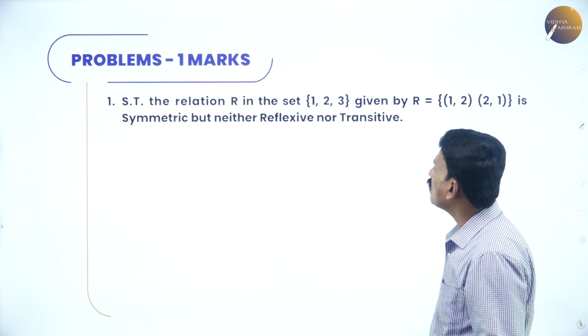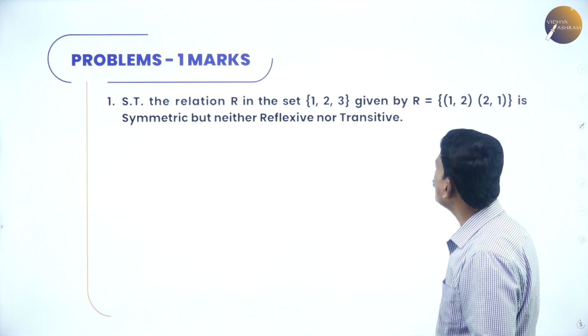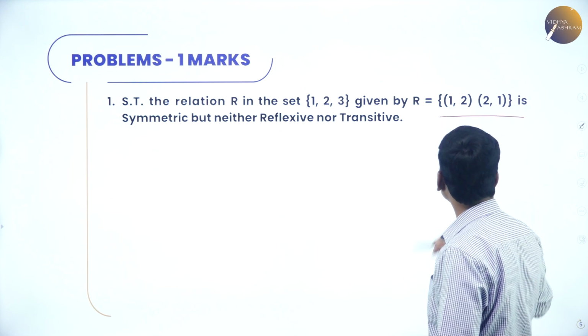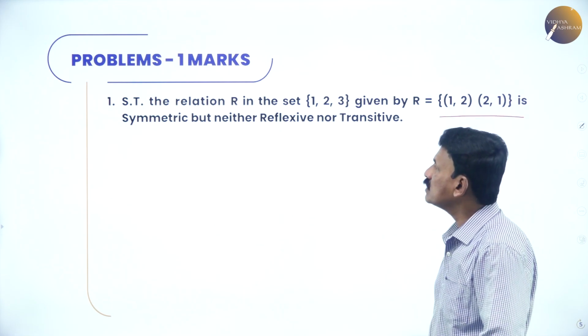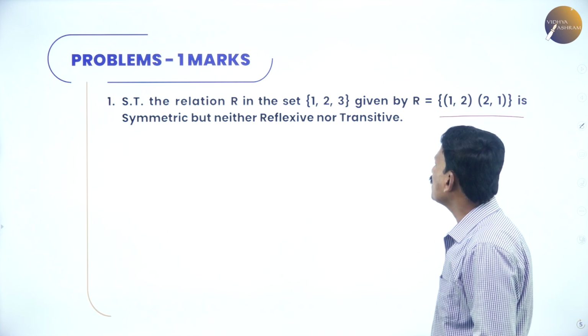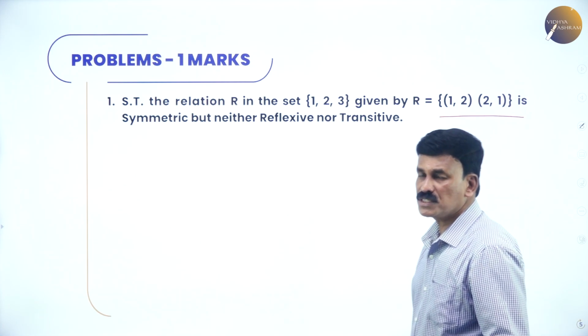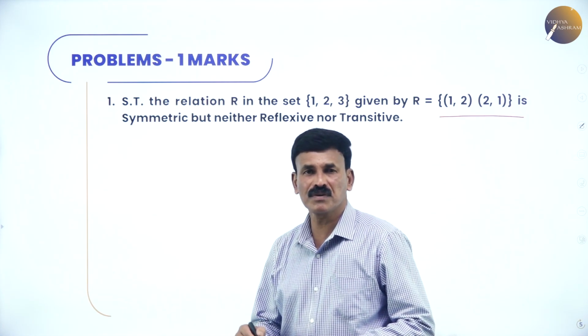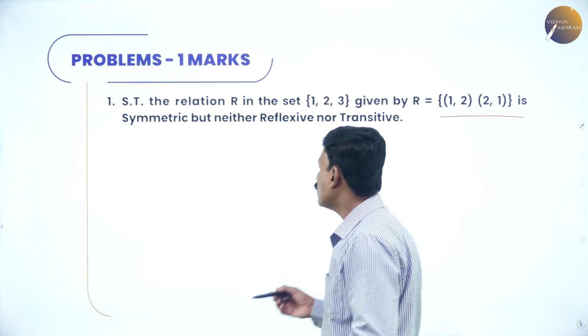Show that the relation R in the set {1, 2, 3} given by R = {(1, 2), (2, 1)} is symmetric but neither reflexive nor transitive. Now just recall the properties of reflexive, symmetric and transitive. What is reflexive?